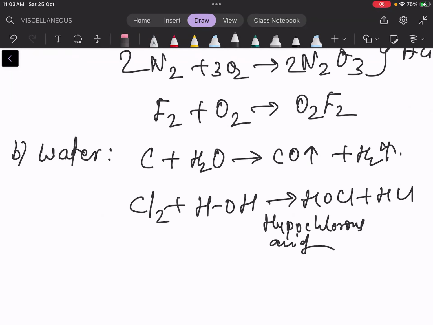Metals generally have high melting and boiling points. Non-metals have low melting and boiling points. Generally, metals are good conductors of heat and electricity. Non-metals are bad conductors of heat and electricity. Of course, graphite is a good conductor.